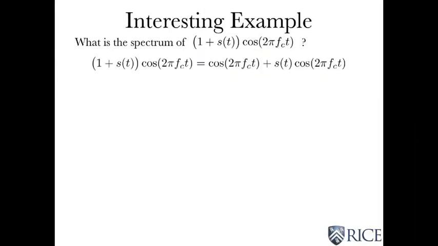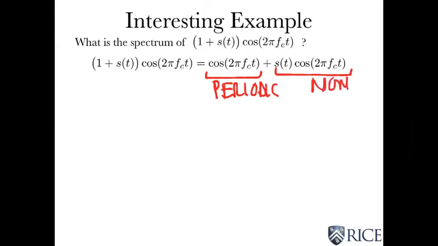So, first of all, we note that if you just multiply everything through, we have a periodic part and we have a non-periodic part. The reason that this is non-periodic: the cosine may be periodic, but once you multiply by something that's not periodic, you get something that is clearly not going to be periodic.